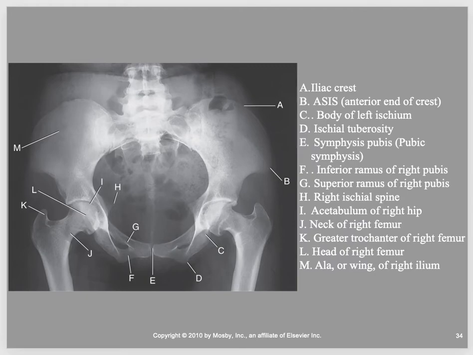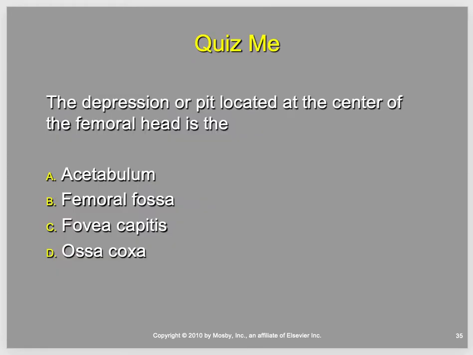So on this one now, we're going to do a little bit of a quiz me. The depression or the pit located at the center of the femoral head is, and we've talked about this before, that little divot at the top of the femoral head, the fovea capitis.